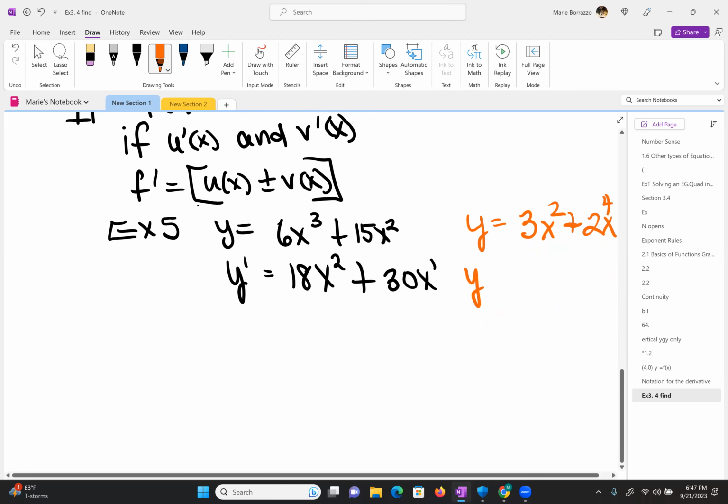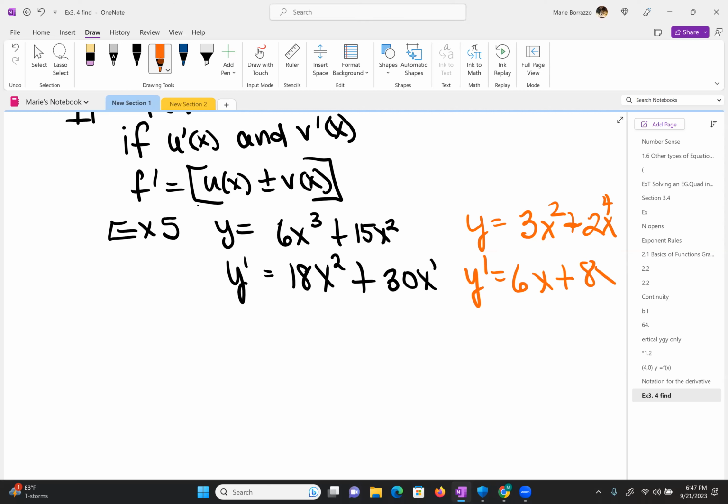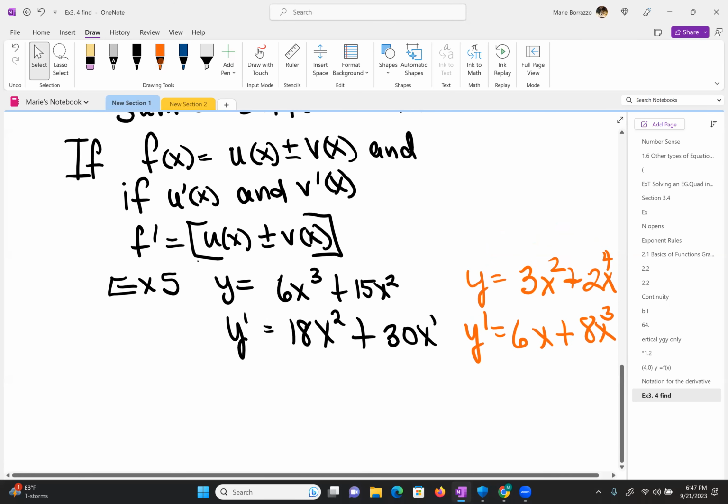So you're going to say the first derivative is simply equal to 6x in this case, that you understand where that came from, plus 8x to the 3rd. Does that make sense? Yes. And that's the answer. That's it. That's all they want. So all this mess, all that craziness, just to say that.